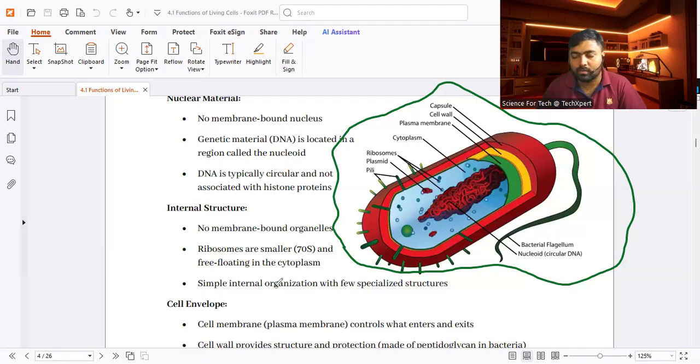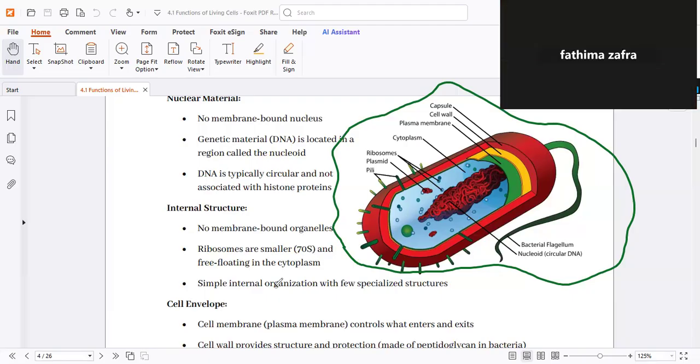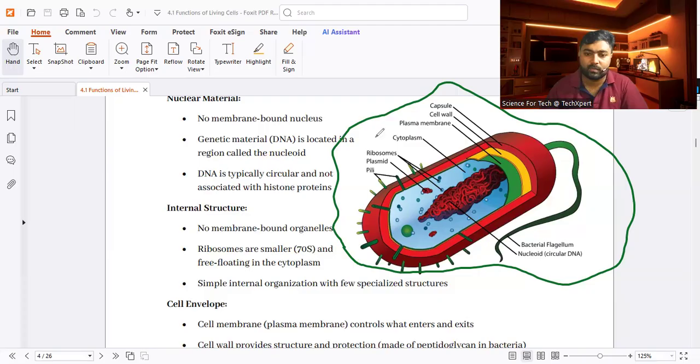Organelles mean mitochondria, chloroplast, nucleus, vacuole, and so on. Is it ribosomes? Yes, that is ribosome. Cytoplasm and plasma membrane are also kind of organelles, that is okay, but the answer I wanted was ribosome.